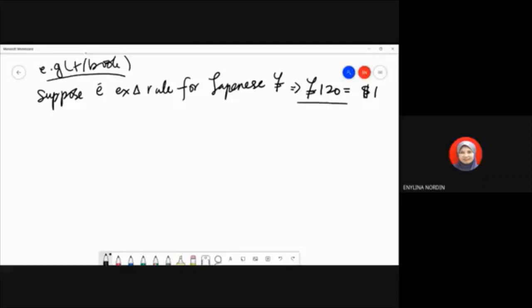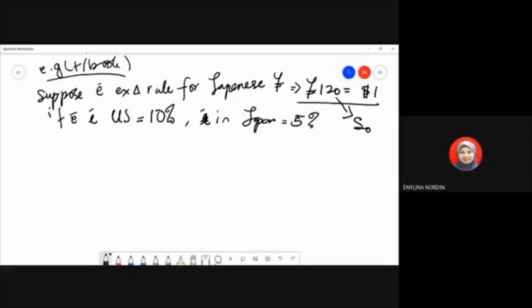So that means this is actually the current spot rate, S0. Now, let's say the interest rate in the United States is 10%, whereas the interest rate in Japan equals 5%, which is lower than the US.